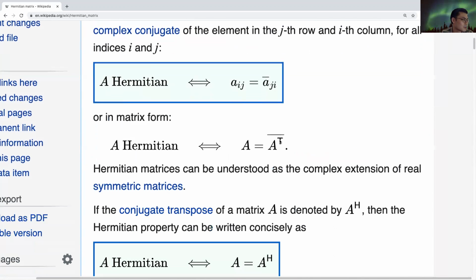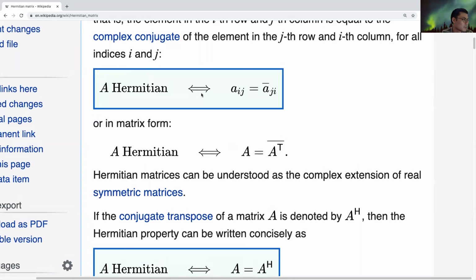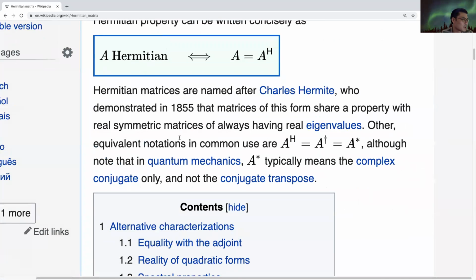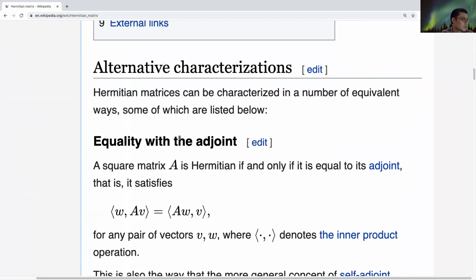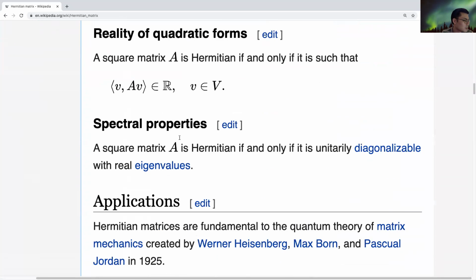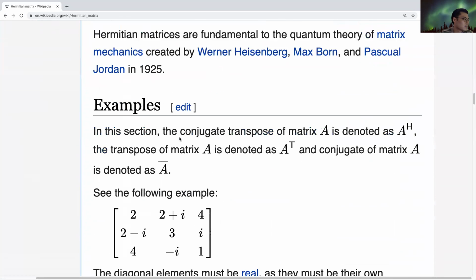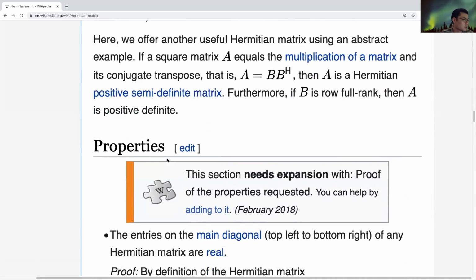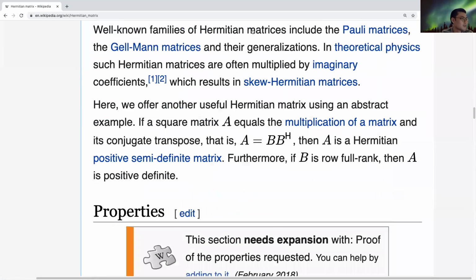So instead of just taking transpose, you also take the complex conjugate. Which means if previously you had A plus Bi, now you should have A minus Bi. But anyway, we are not considering the complex domain, so it's not so important.